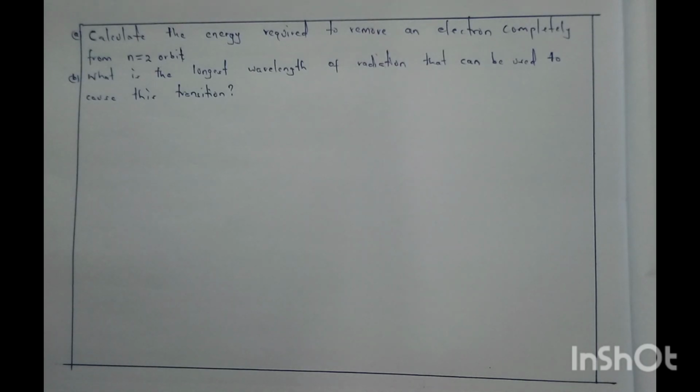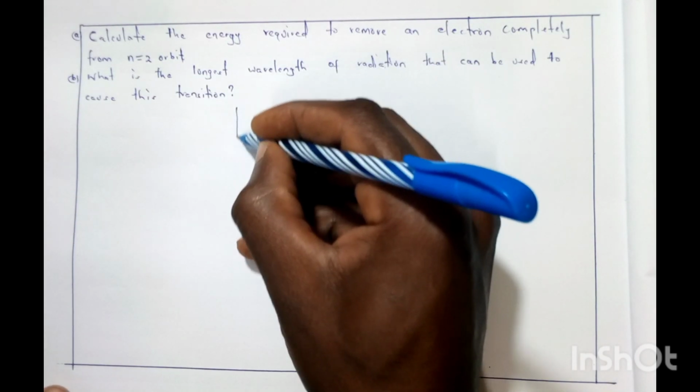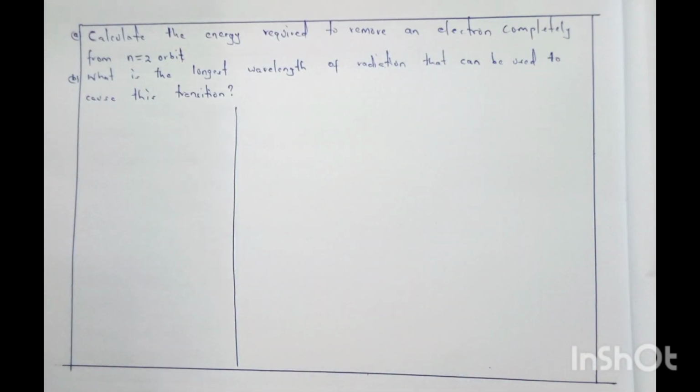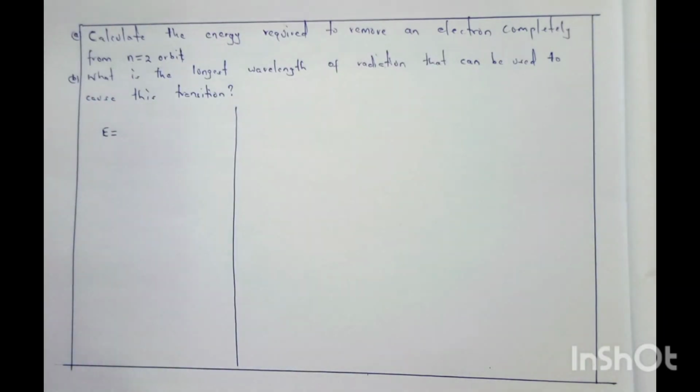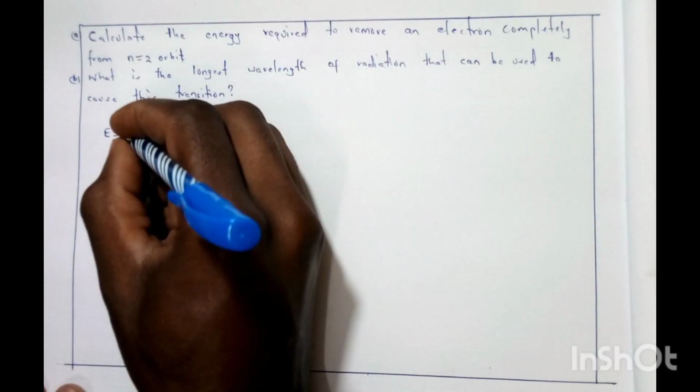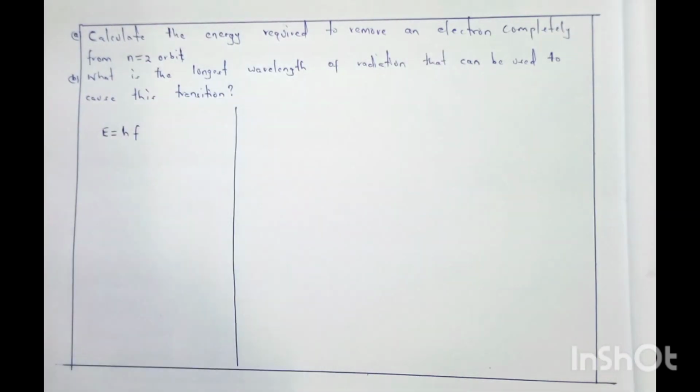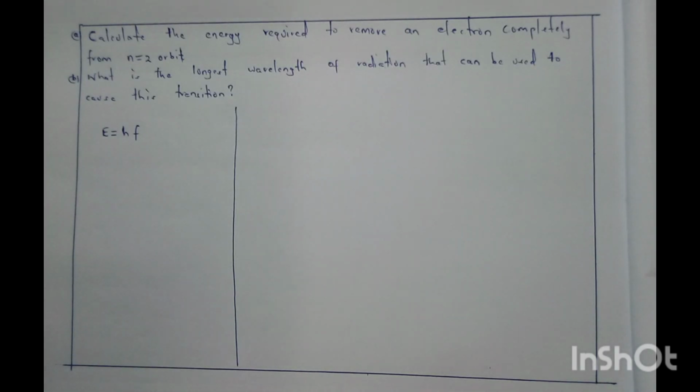In order for us to tackle this question, I'm going to look at a set of ideas from the discussion we had, especially on the concept of energy. In this transition in an atom, we consider the energy that was discussed from Planck's quantum theory, whereby Planck described the energy involved in this emission as the product of frequency and Planck's constant, given as h.